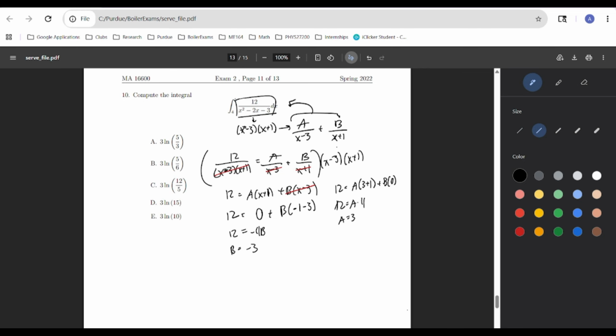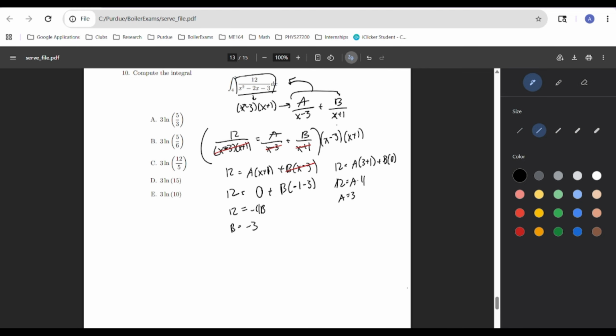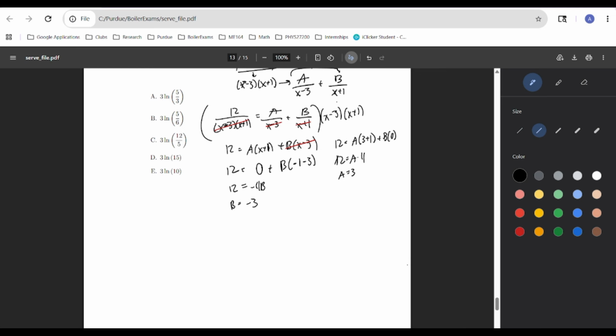And then from there, we can begin solving our integral. I'm going to rewrite the integral from 4 to 5 of 3, and keep this in mind: originally, A equals 3 goes with the term over x minus 3, and B equals -3 goes with the term over x plus 1, as you can see from our original decomposition.